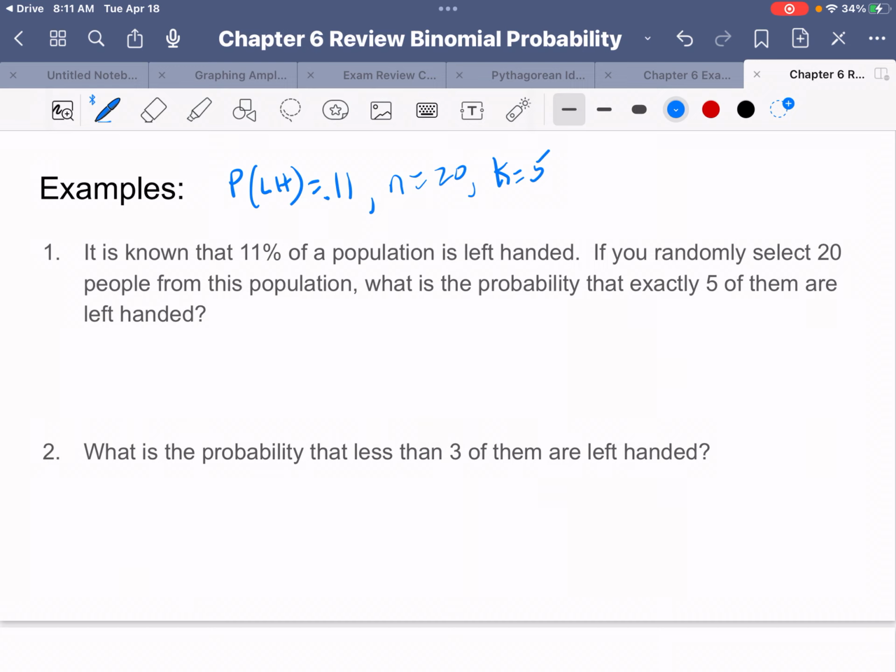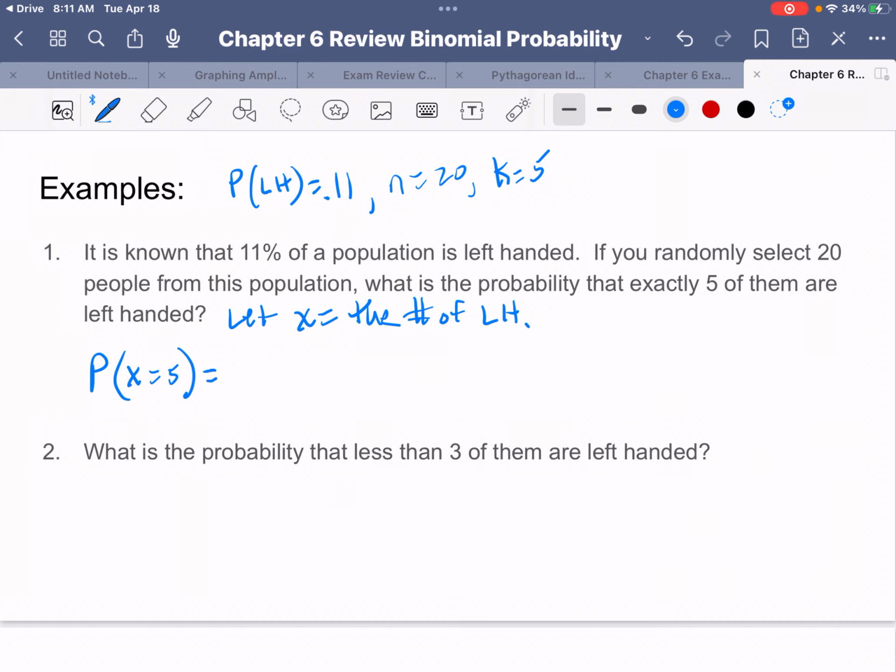So if we wanted to say what is the probability that X equals 5, having defined let X equal the number of left-handers, you're saying what is the probability the number of left-handers is 5.